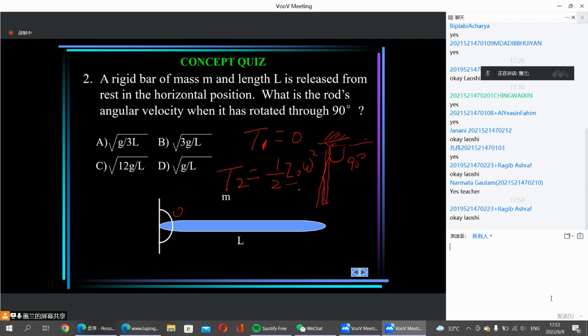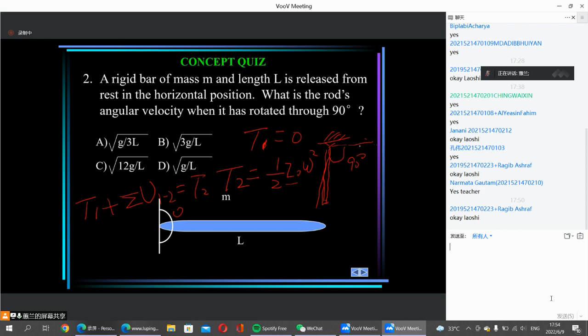If we apply the principle of work and energy, it will be the initial kinetic energy plus the work by all the forces equal to the final kinetic energy. So during the rotation, which forces will do work on the bar?